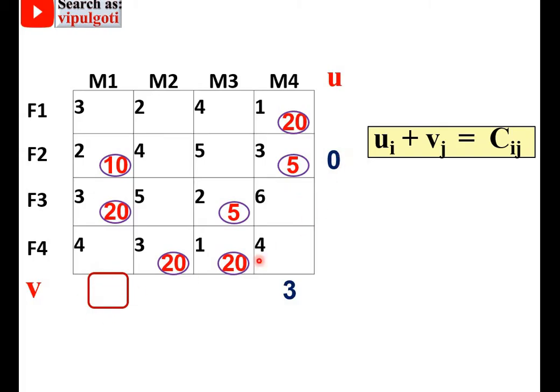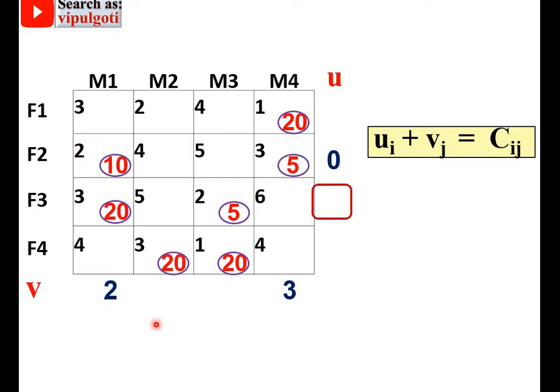So the sum of these two values must be equal to Cij, means 2. So you can understand it should be 2. In short, we can say corresponding sum of Ui plus Vj must be equal to cell cost.